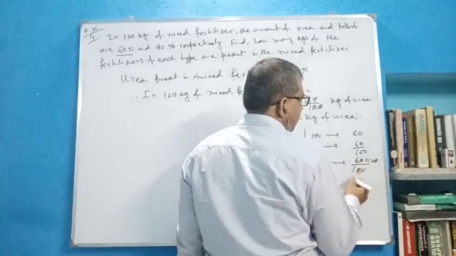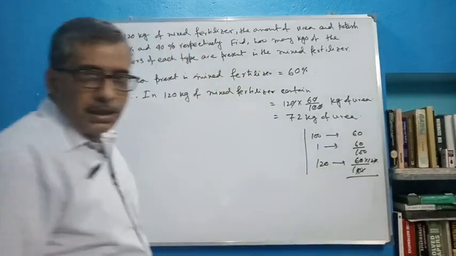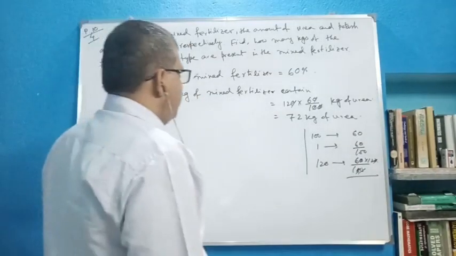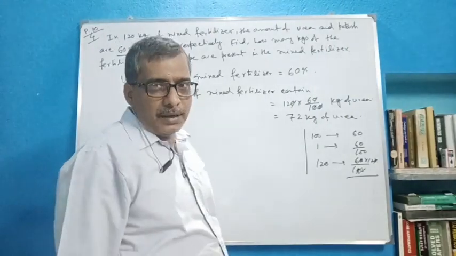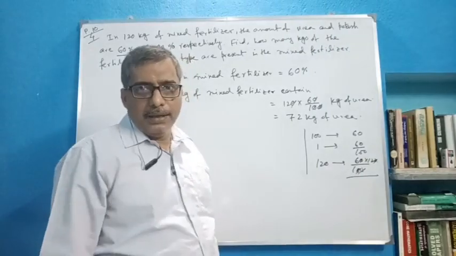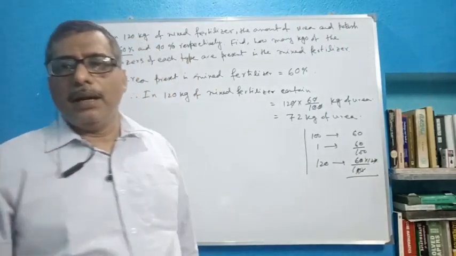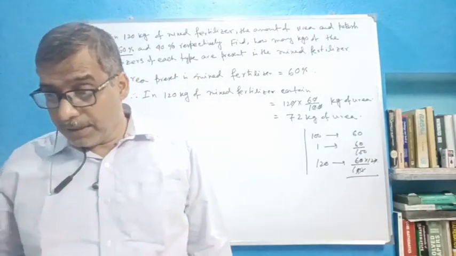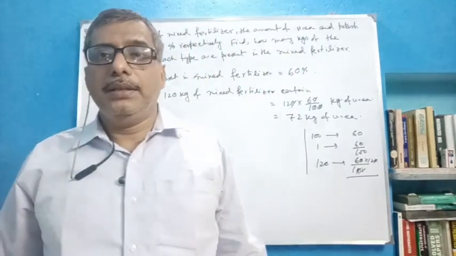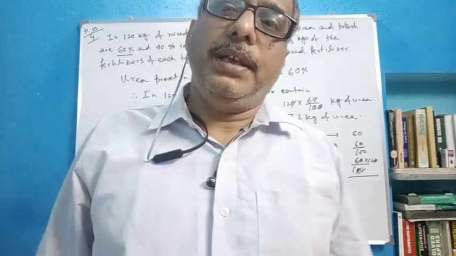Same thing. I repeat once again, percent means per 100. So 60% urea in the mixed fertilizer means in 100 kg urea present is 60 kg.